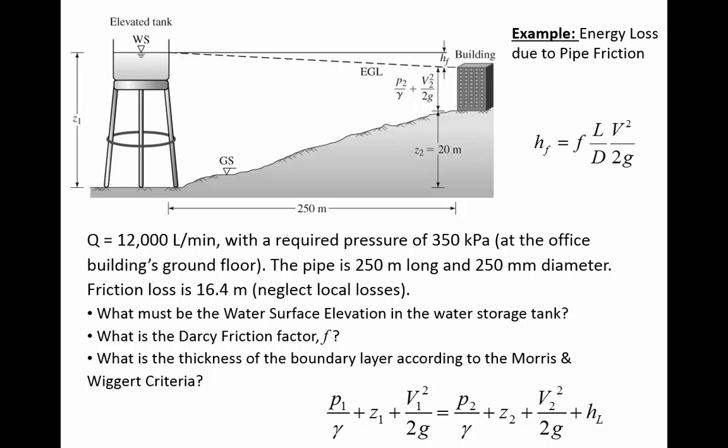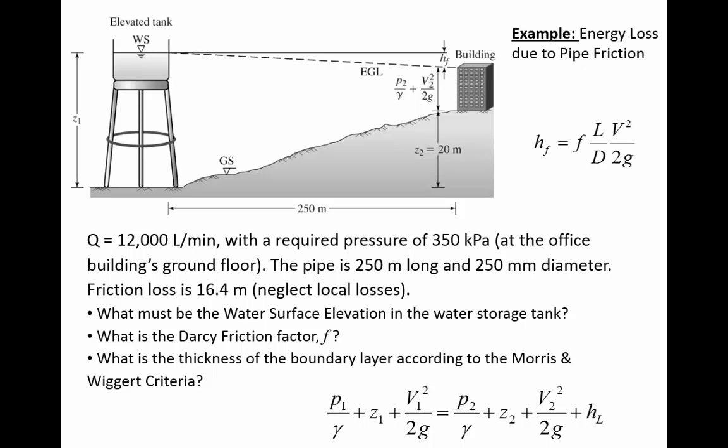As a reminder, there's two components to head loss. Head loss, H sub L, consists of the pipe friction, H sub F, which you calculate based on this formula, and H naught, the local losses caused by pipe bends and flow-through fittings like a valve. The way you would calculate the magnitude of a local loss is K V squared divided by 2g.